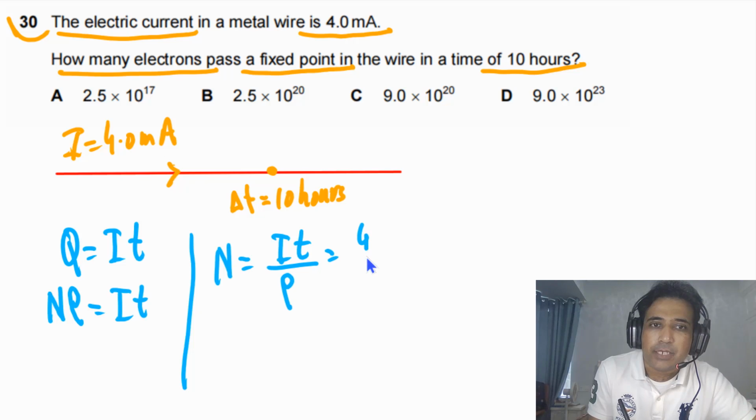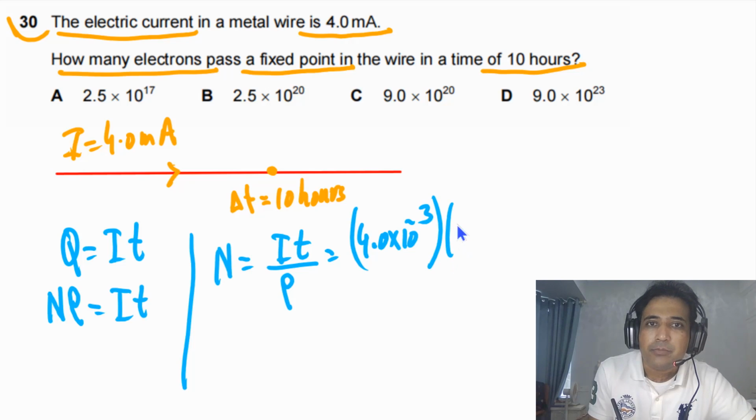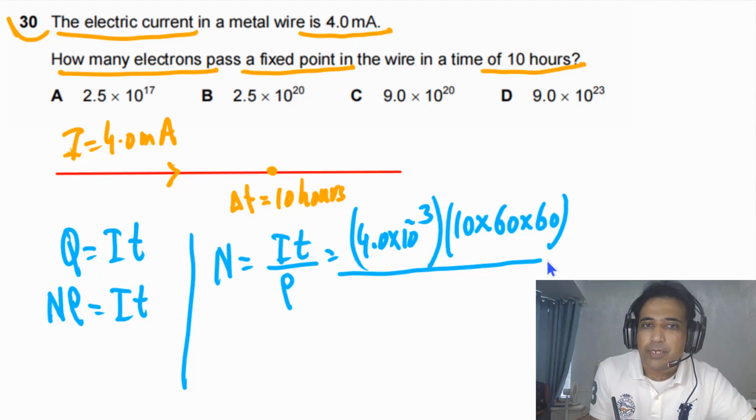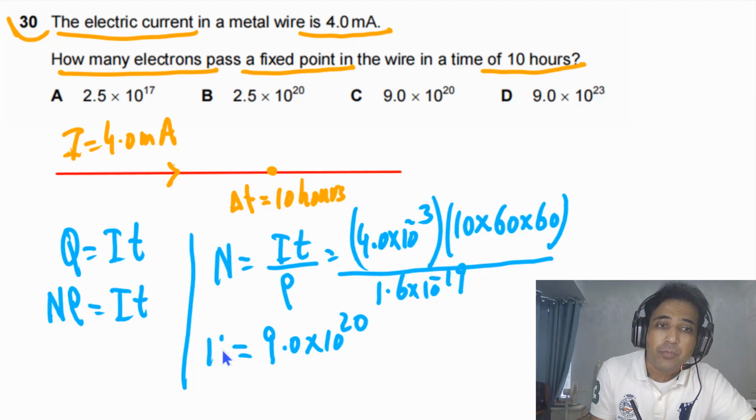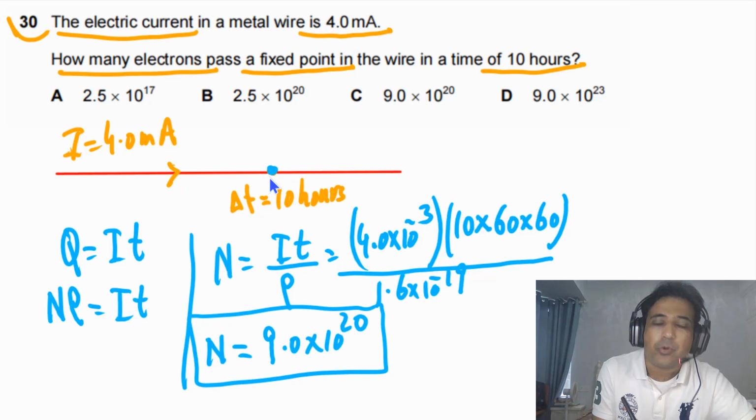The value of I is given, that is 4.0 milliamps, so this is 10 to the minus 3, and time is 10 hours, and 1 hour has 60 minutes, and 1 minute has 60 seconds, and we need to divide this by the charge on a single electron, that is 1.6 times 10 to the minus 19. If we solve this one, we will get 9.0 times 10 to the 20 electrons passing through this single point.